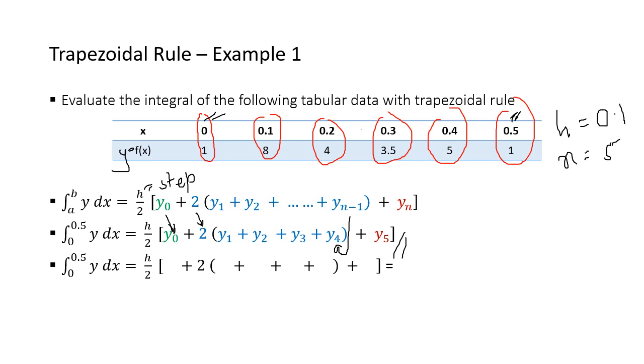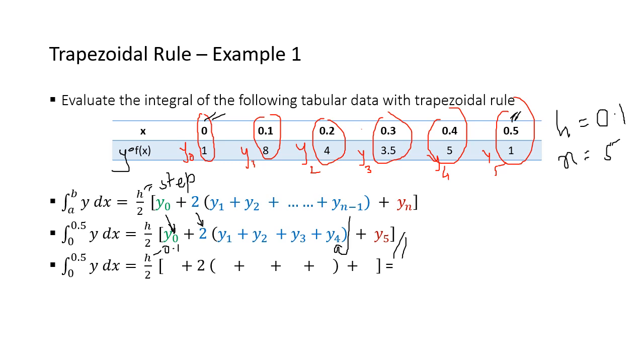So h by 2 should be 0.1. I should have written 0.1, but that's fine. Then square bracket, green color, y0. If you look at the second row, we can write the values in the second row: y0, y1, y2, y3, y4 and y5.